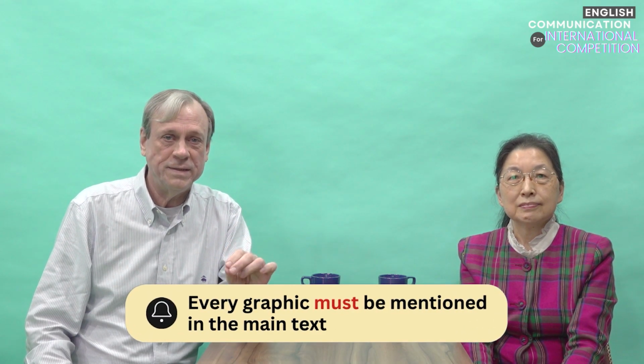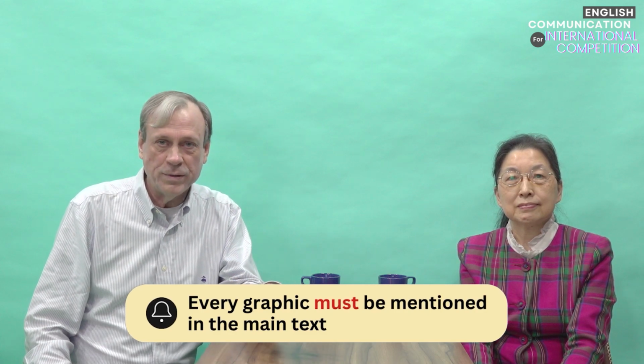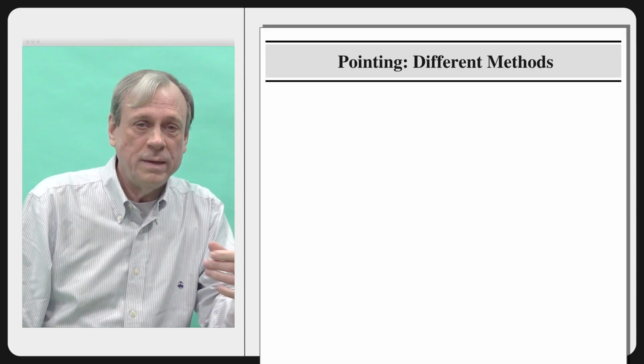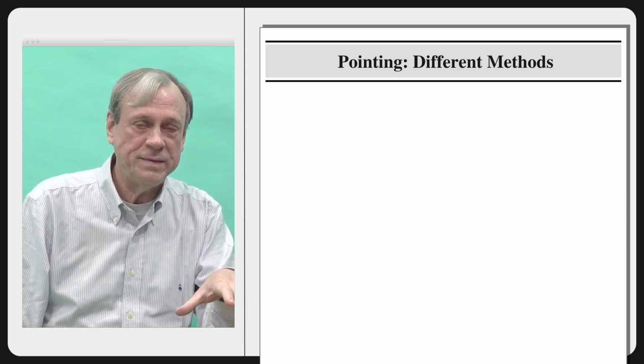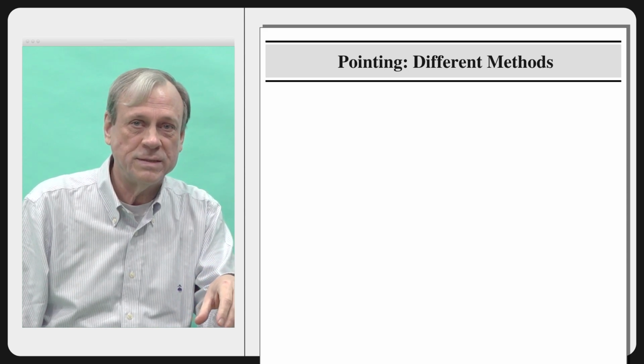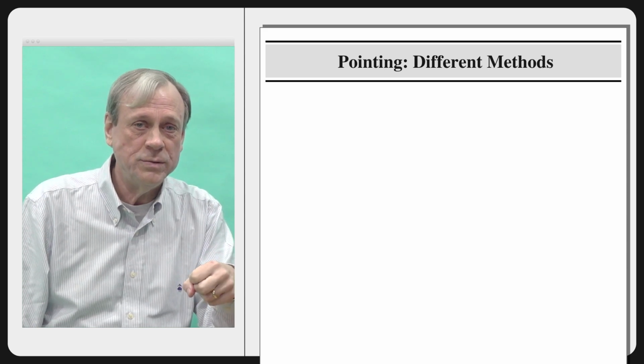So it's important to mention every single graphic in the text so that the reader can connect the two. You can mention it more than once, but you must mention each one at least once. Now, in order to do that, you have to point. You have to refer to that table or figure in the text. And there are, again, two ways to do that.